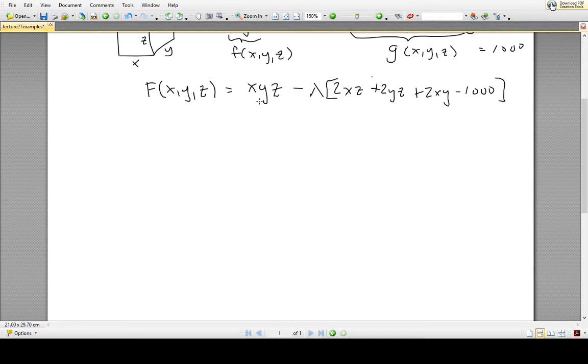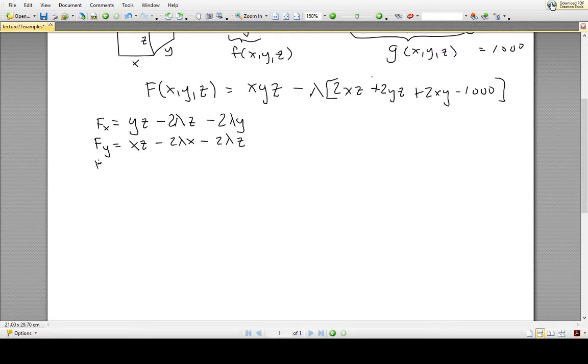Now I set up my Lagrange equations by taking the partial derivative of this capital F function with respect to each of the variables. The partial derivative of capital F with respect to x is yz minus 2 lambda z minus 2 lambda y. The partial derivative with respect to y is xz minus 2 lambda x minus 2 lambda z.